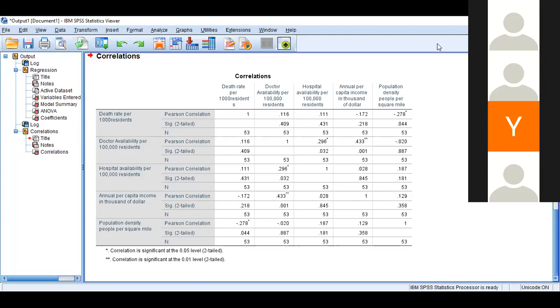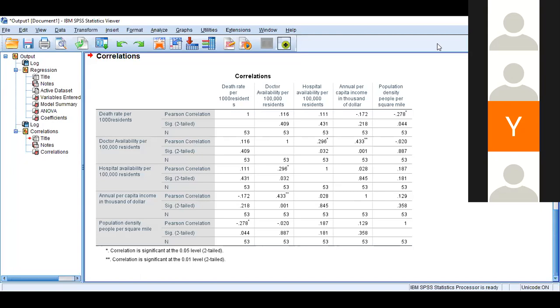So that is why we have this interpretation of correlation: if it is less than 0.2, it is negligible. From 0.2 to something like 0.5, we call it weak correlation.